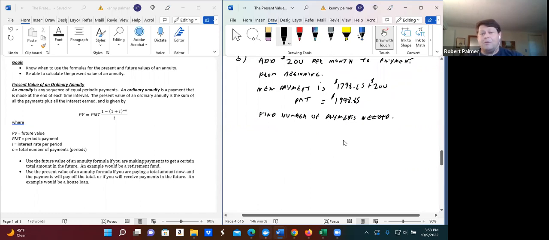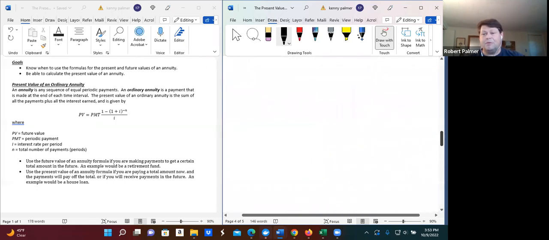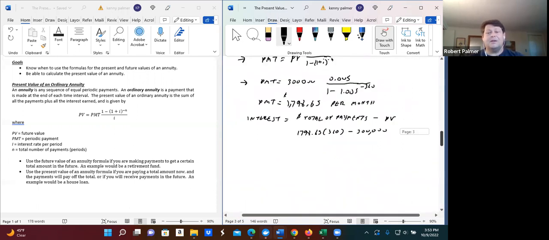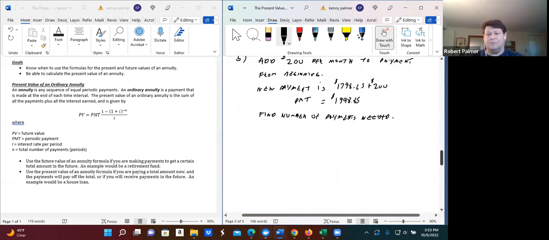We have everything else we need. Let's go back and take a look at the previous page. The present value is still the same. The I is still the same. Now we know the payment. The only thing unknown is the N. So it's kind of like the second example we did, except we're going to do this a bit differently.